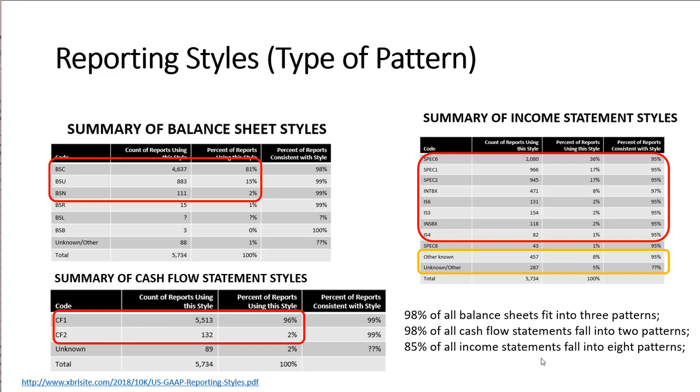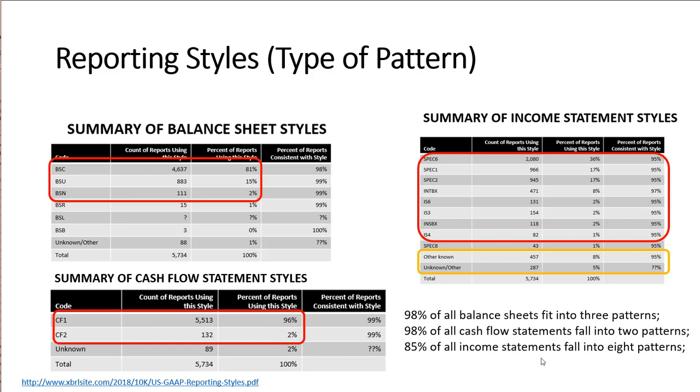The second most is an unclassified or order of liquidity balance sheet, and a third is an alternative form of classified balance sheet where they break out a total for fixed assets in addition to non-current assets. In the cash flow statement, the only difference at a high level is that some companies report exchange gains within the net cash flow roll-up, and some report it in the roll forward of cash and cash equivalents.